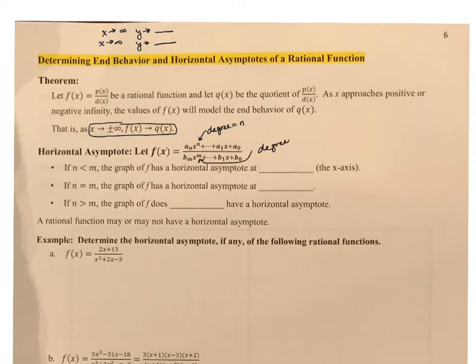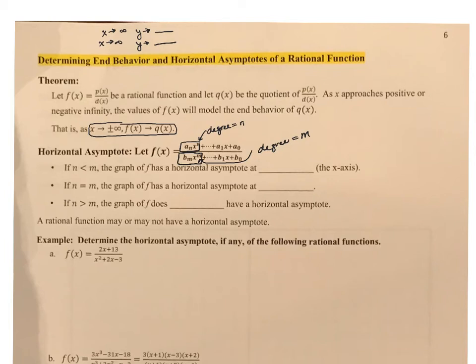We're going to look at those leading terms, a sub n times x to the n, and b sub m times x to the m. The leading term of the numerator and the leading term of the denominator, that's what we're going to focus on when we are looking at horizontal asymptotes. We don't really care about the rest.